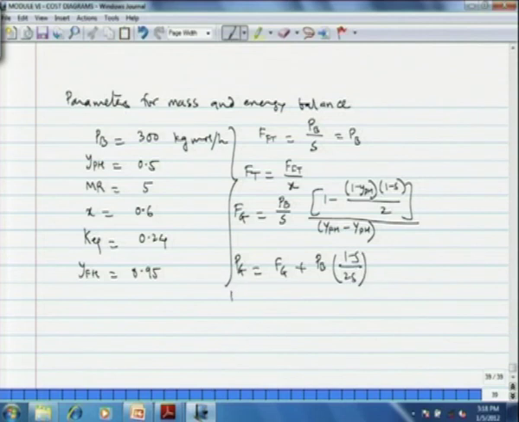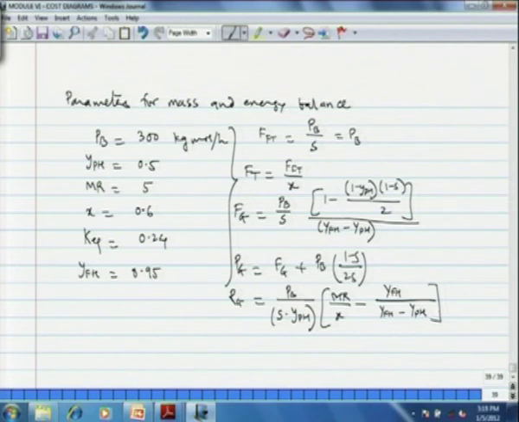Okay. Rg, recycle gas, is equal to Pb divided by S into YPH into Mr by X minus YFH divided by YFH minus YPH. Now, this formulae we have already derived.